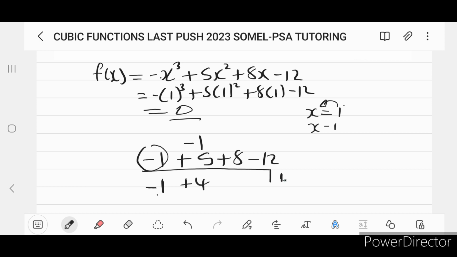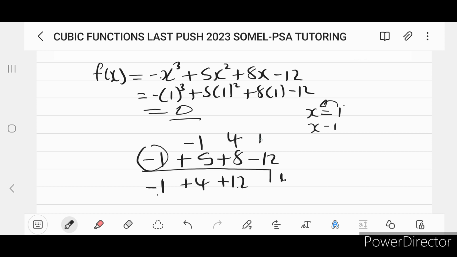1 is going to be 4, isn't it? So 4 plus 8 is going to be positive 12. So 12 times 1 is going to be positive 12.